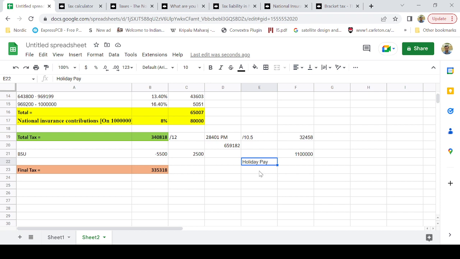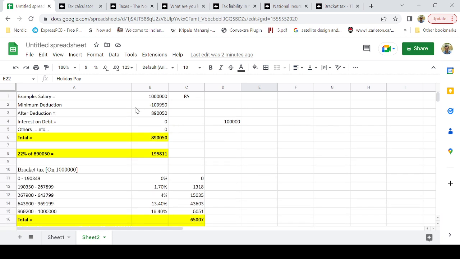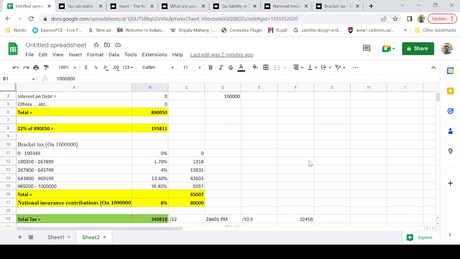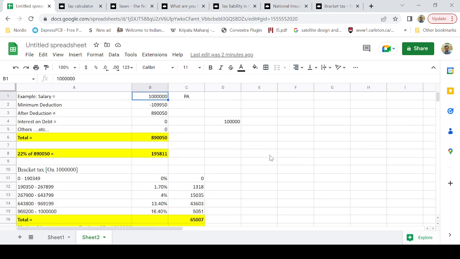But the thing is, in the next year you will not get the June salary. Instead of June salary, you will get this holiday pay, which will be more than the June salary. Let's see how it is calculated. Suppose your salary is 1 million, right? There are a couple of rules to calculate the holiday pay. If your company is giving 22 days holiday, it will be 10.2% of this amount.